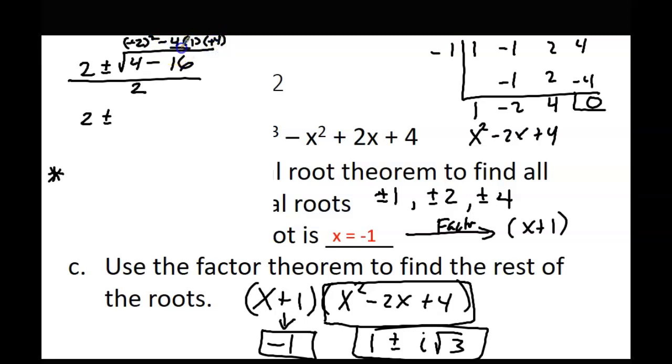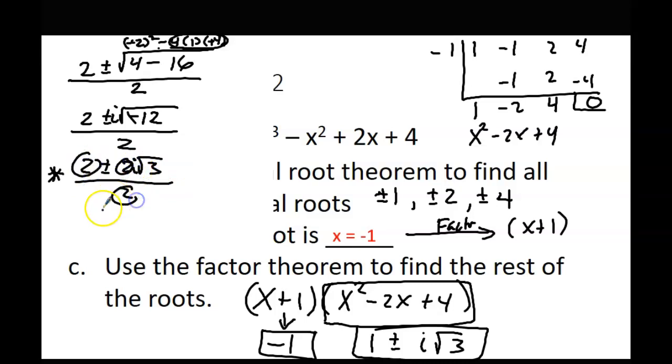And since this is all positive, you're subtracting a positive 16, and this is a positive 4. So you end up with negative 12. Take out your i, break down your 12, and then reduce. Oh, so she was right.